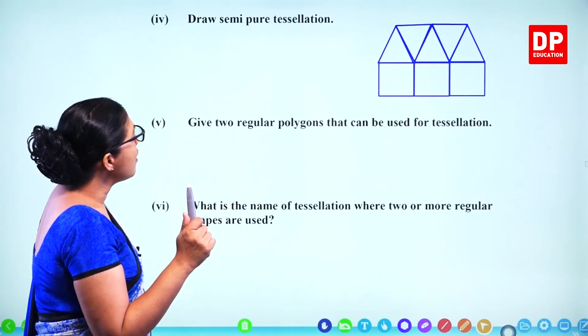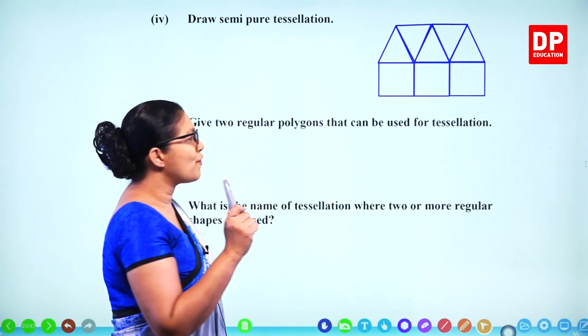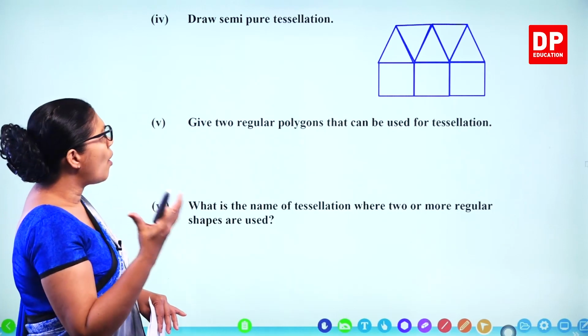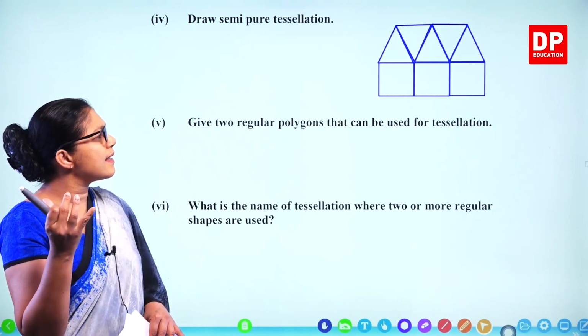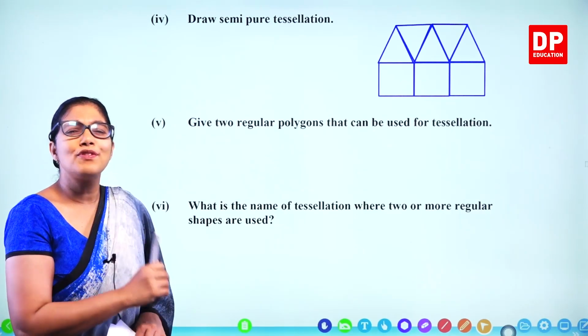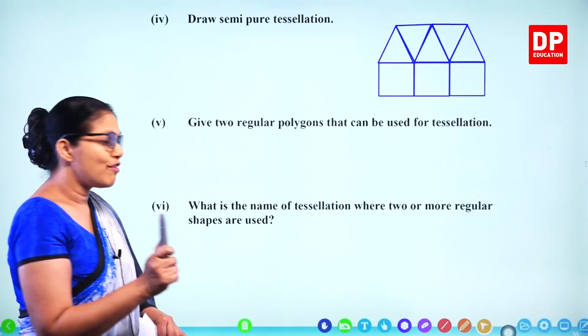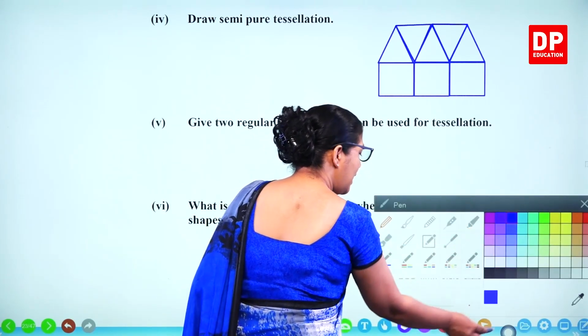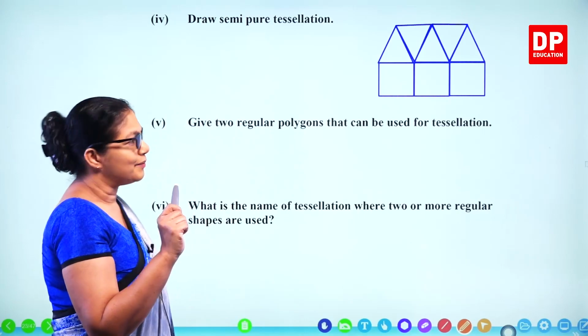Give 2 regular polygons that can be used for tessellation. Regular means all sides are equal. So what are the regular polygons that can be used for tessellation? Can you remember only 3 shapes we can use? Equilateral triangle, squares and regular hexagons.